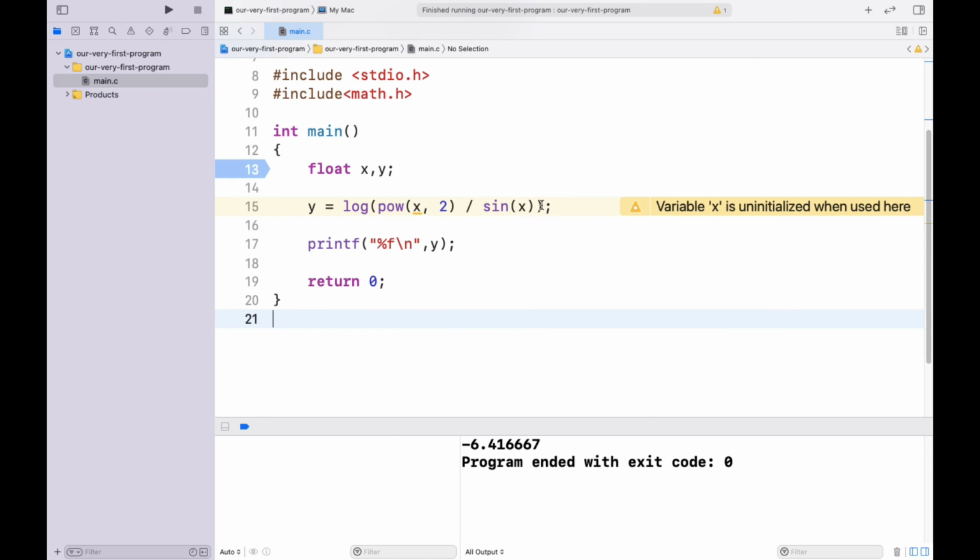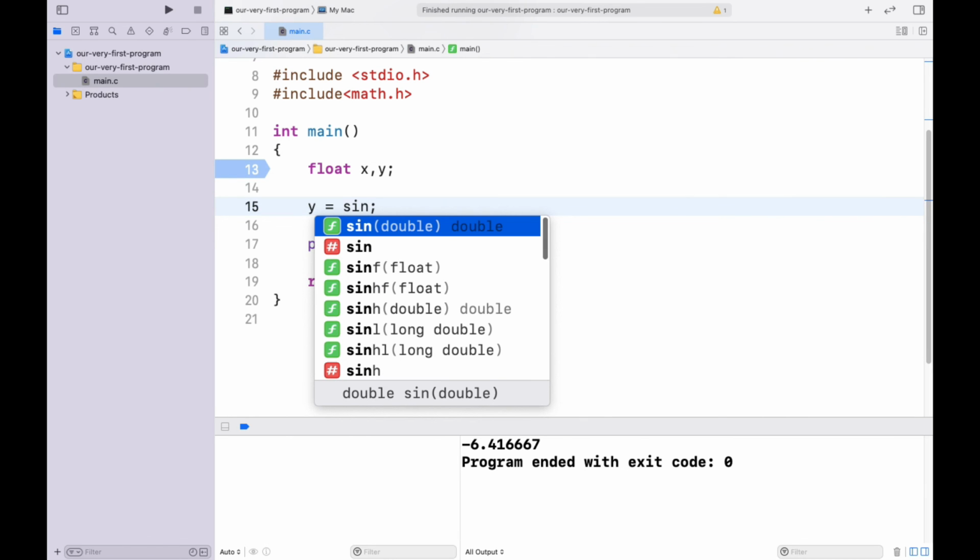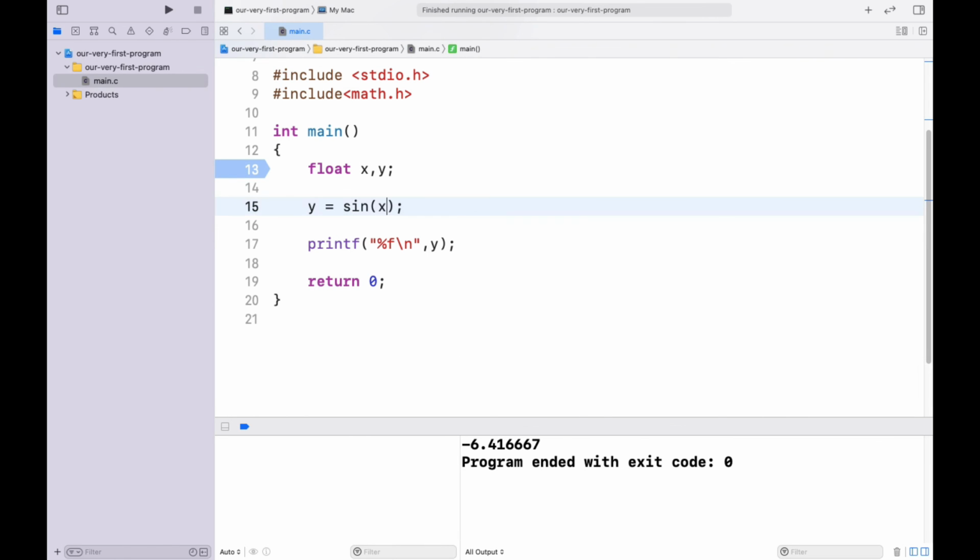You can also check that they are receiving numbers not in degrees but in radians. Let the value be pi. Pi is 3.14 something, so we should expect, sin pi is 0, I guess.